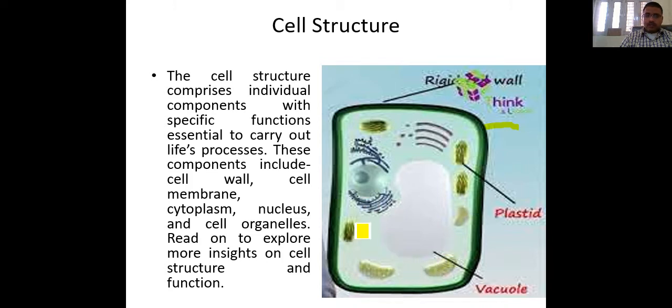Some organelles of the cell structure are called plastids. Another one is called vacuoles. Then there are some ribosomes, and also there is a mitochondria. These are some of the things available here.